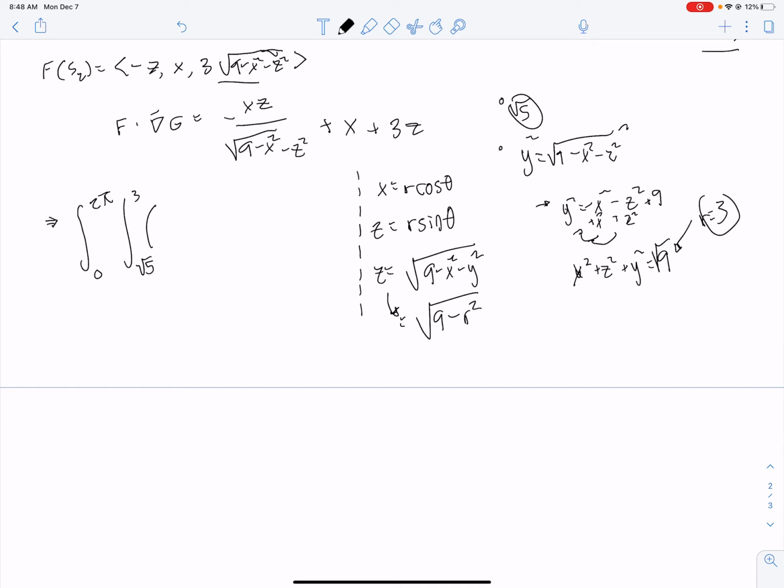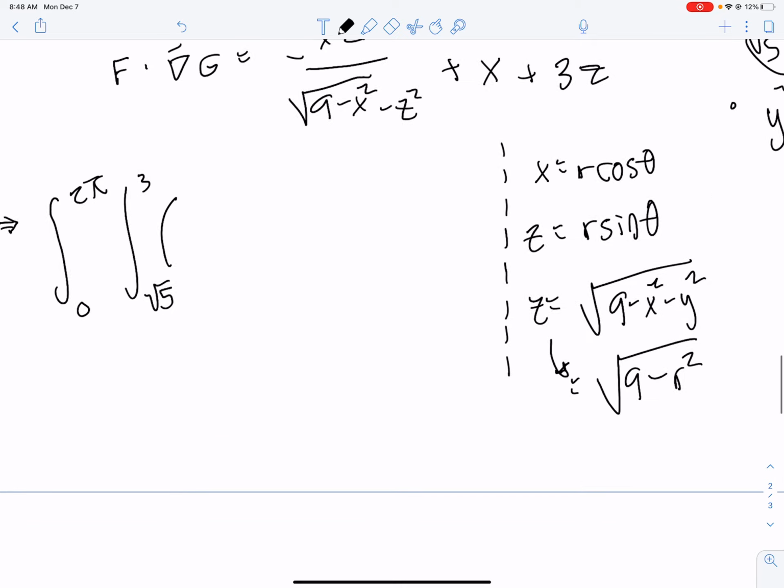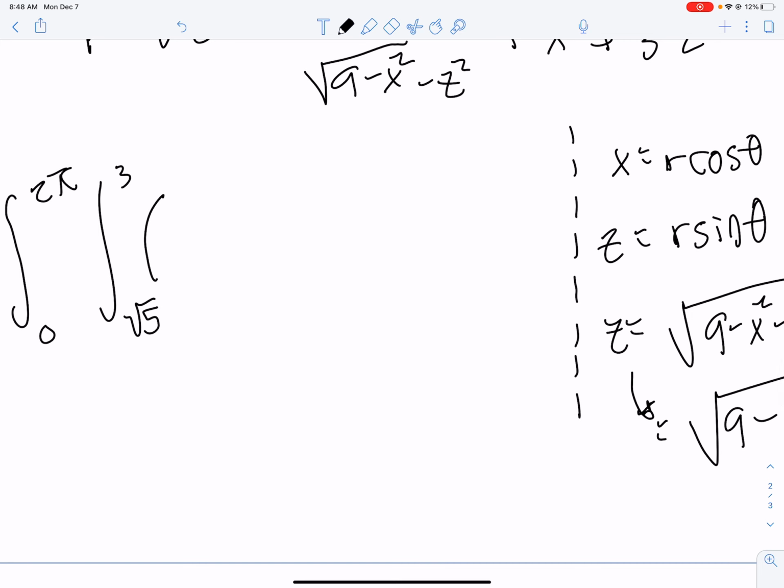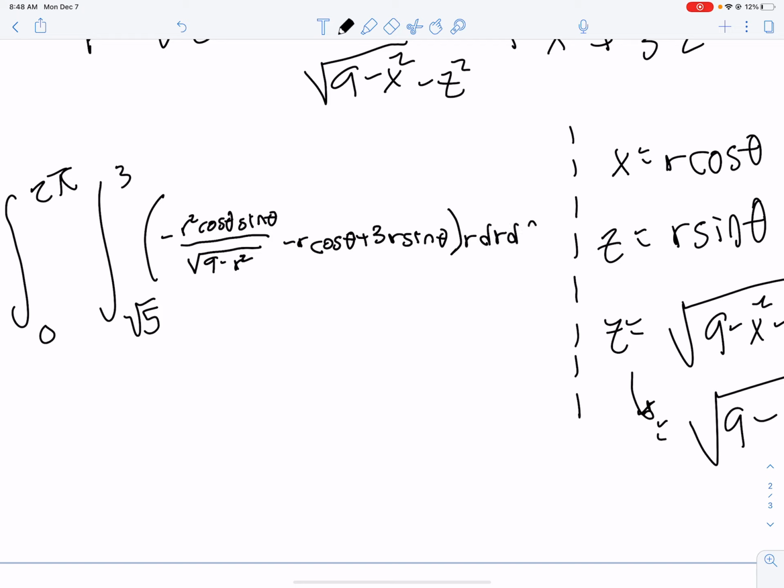So, given all that, we can write out our integral, which would be negative r squared cosine theta sine theta over root 9 minus r squared, minus r cosine theta plus 3r sine theta, r dr d theta.